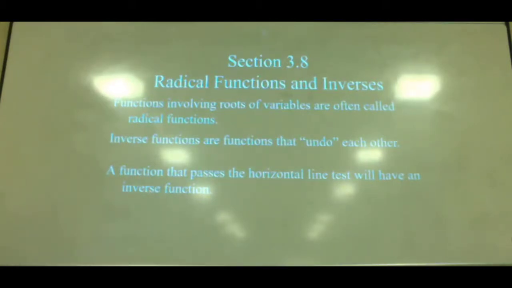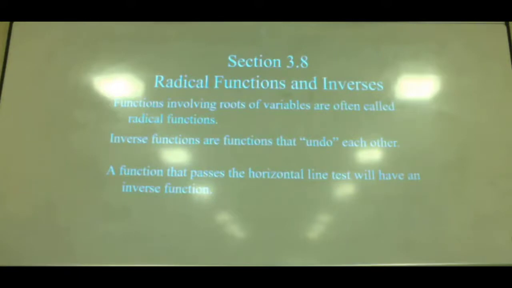Now, do you guys remember when we talked about the vertical line test to see if something was a function? The vertical line test said, if any vertical line I draw only touches the graph one time, it's a function. You remember that previously? Here, we're starting with a function, we know it's a function already.